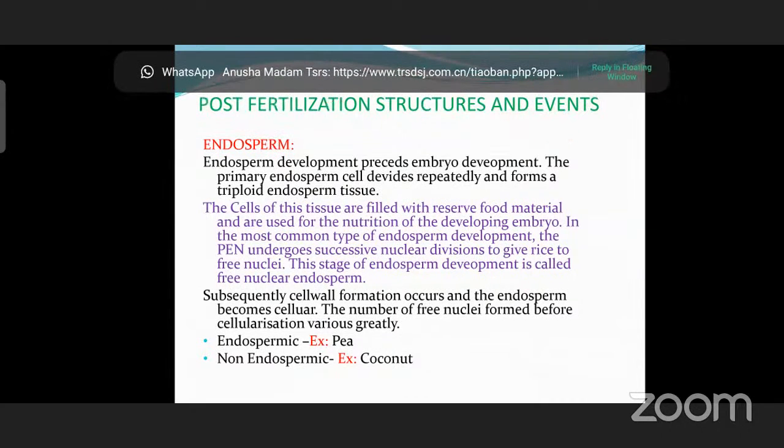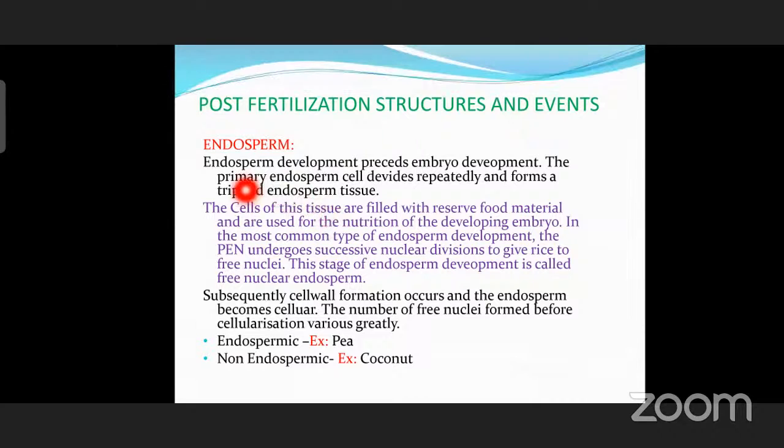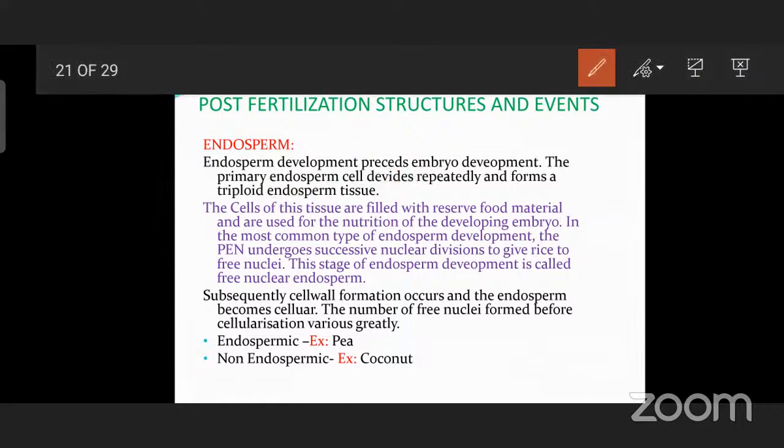So first one, endosperm. See here, endosperm development precedes embryo development. The primary endosperm cell divides repeatedly to form the triploid endosperm tissue. The cells of the tissue are filled with reserve food materials and used for the nutrition of the developing embryo.